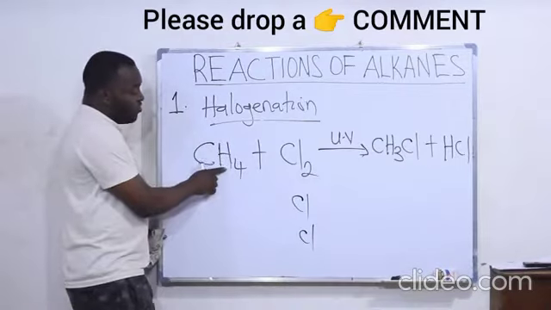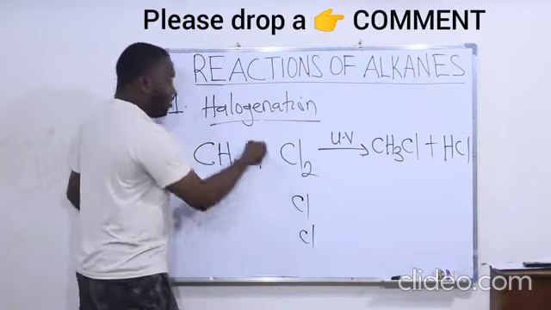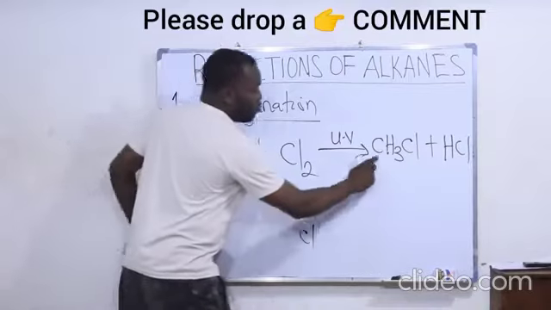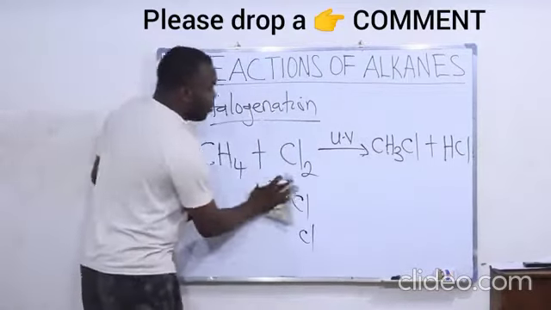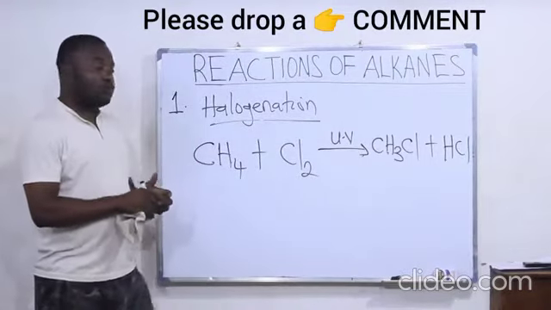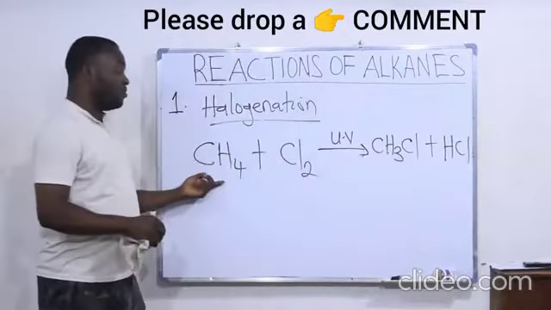If I remove one H here, I will have CH3. Now, the second chlorine will replace that position. You now have CH3Cl. So the reaction between a halogen and an alkane produces a haloalkane. This is chloromethane, while this is methane.